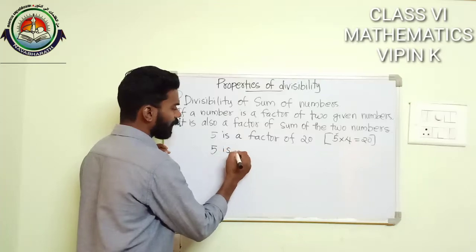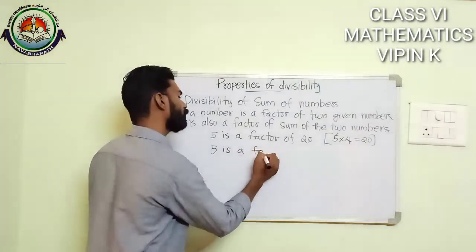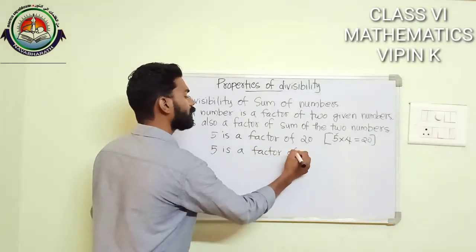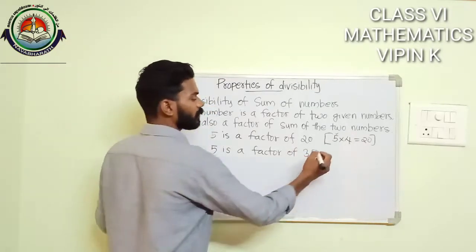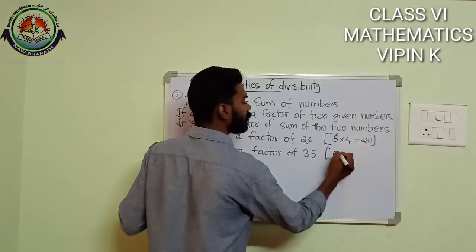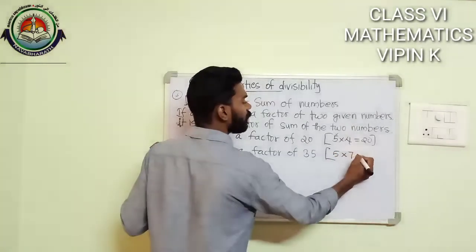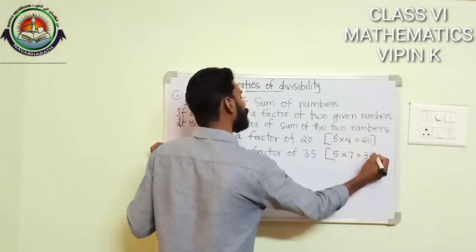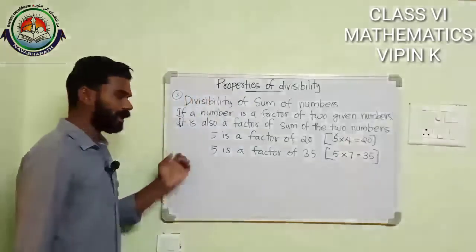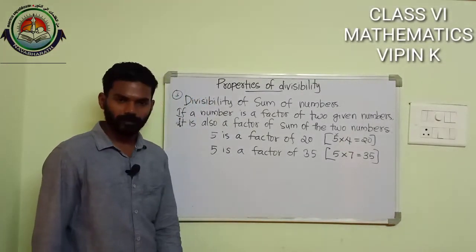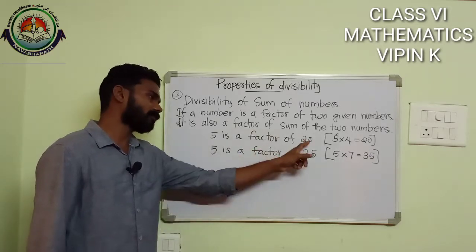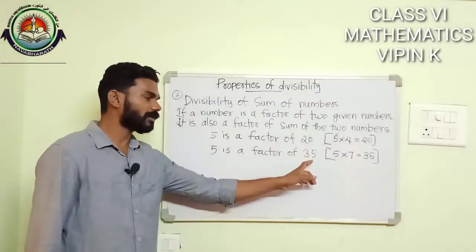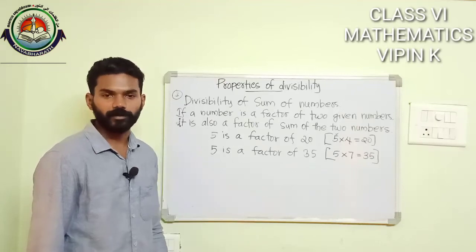The same number 5 is a factor of 35 also. Why? Because you know that 35 can be written as 5 into 7. 5 sevens are 35. Again we can say that 5 is a factor of 35. So the same number 5 is a factor of 20 as well as a factor of 35.